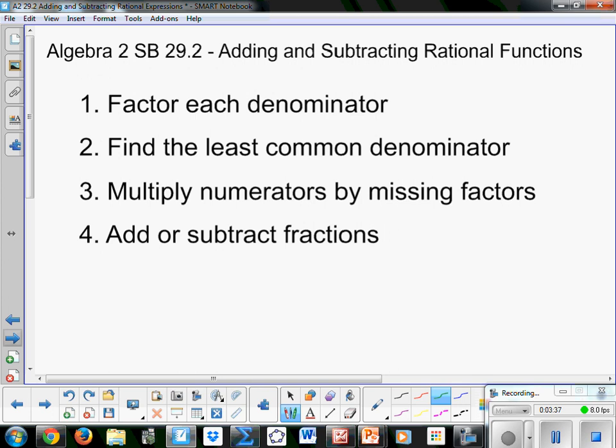We're not going to worry about numerators right away, because we're going to have to do some multiplying potentially, just like we did in the fraction examples to get our least common denominator. Okay, we also have to then do our factoring, find our least common denominator, multiply the numerators by the missing factors. And as soon as you see it, I'm sure that'll click into place a little bit better. And then we have to add or subtract the fractions based on what we've been given.